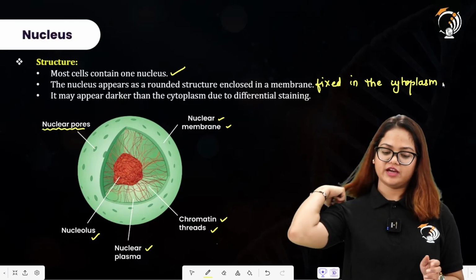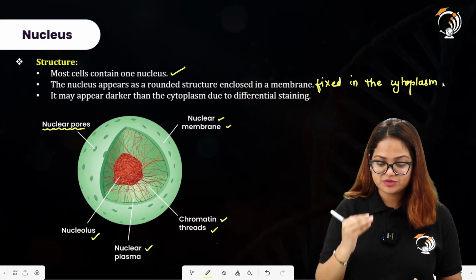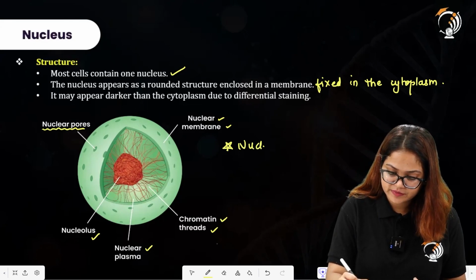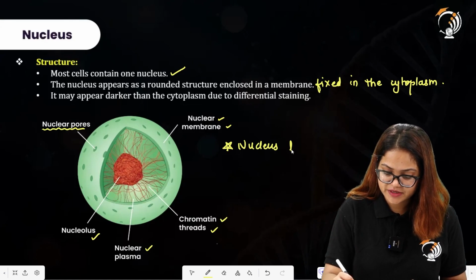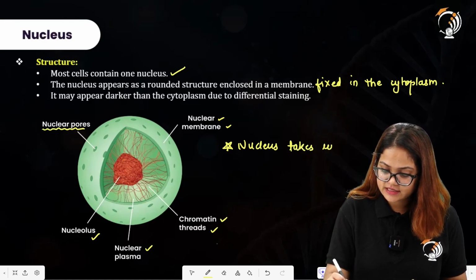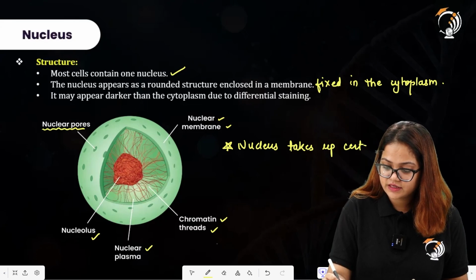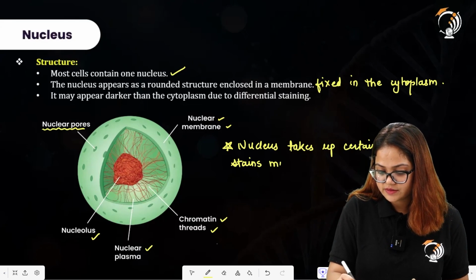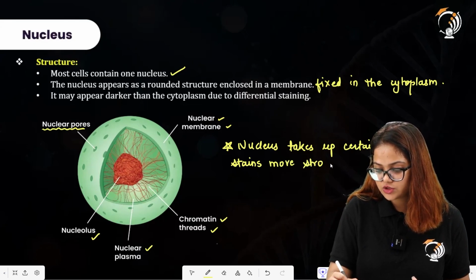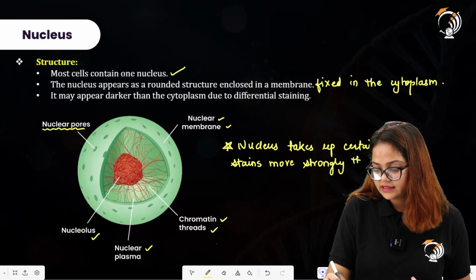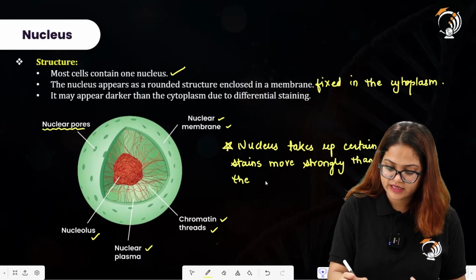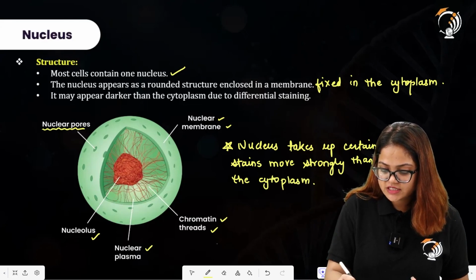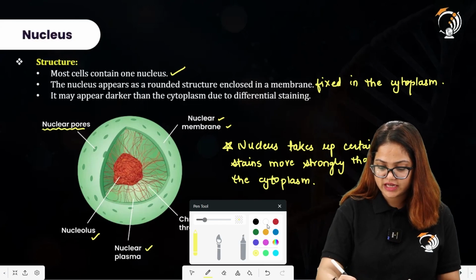It may appear darker than the cytoplasm due to differential staining, because the nucleus takes up certain stains more strongly than the cytoplasm, and that is the reason you can say that the nucleus are densely stained regions in a cell.